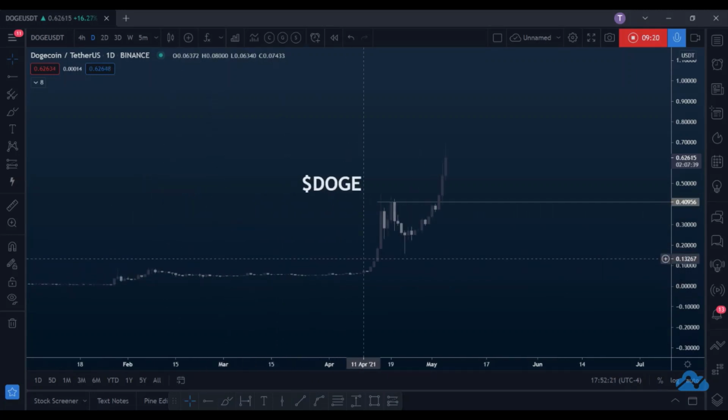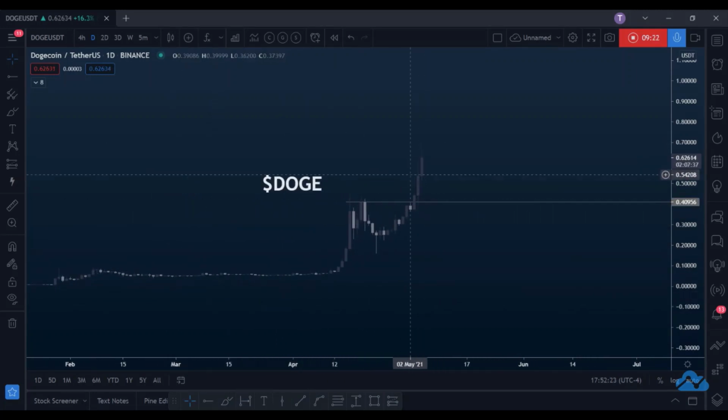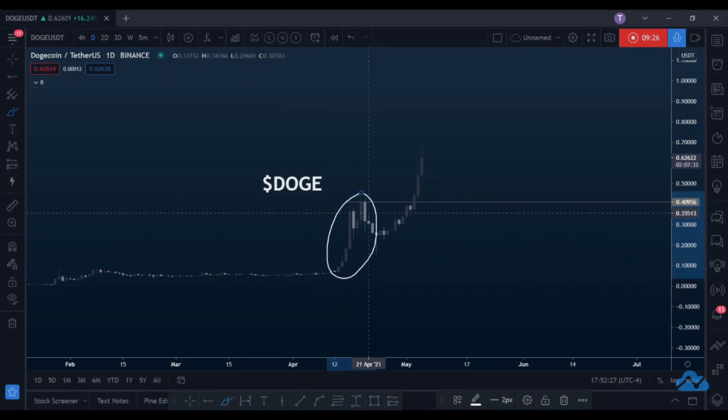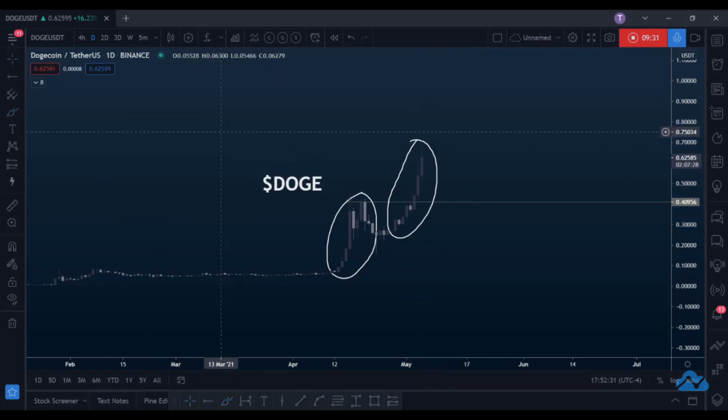So if we separate these two moves, this move and then it pulls back and then this move, what we're looking at is, okay, price went up and then it stopped and then it pulled back and then now price is going up again. So they're different moves, different waves. And just by looking at a chart very simply, if we taught this to kids in second grade, they literally could understand this.